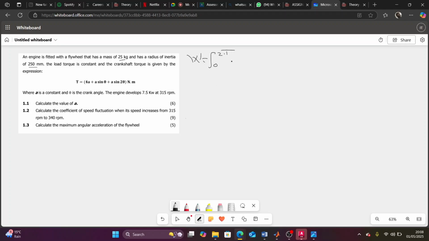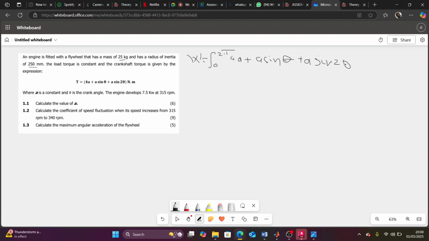What is the equation of the torque? It is 4A plus A sine. This is the first thing. I don't even know why we prove that, but you have to prove it. It's not really necessary, but the lecturer wants it like that, so we'll do it that way.